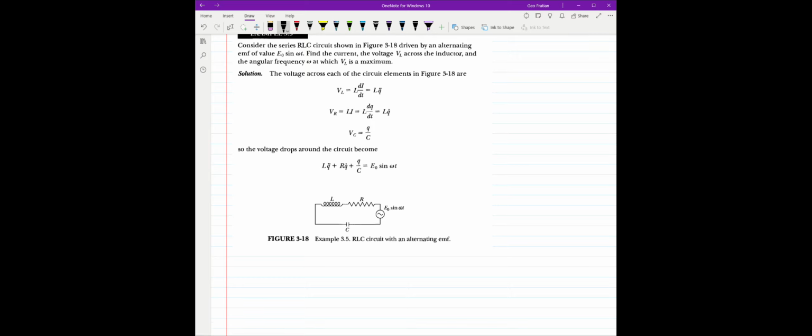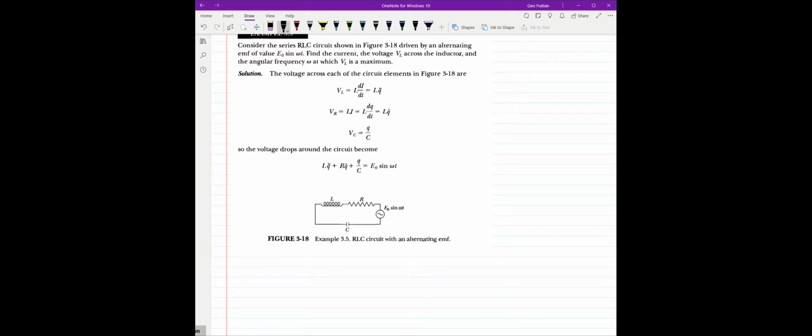Because resistors dissipate energy. Inductors in physics and in engineering are modeled as basically perfect. Like they don't dissipate energy. Same with capacitors. In real life, though, inductors are basically modeled as an inductor and an equivalent resistance, Req, but that's for another class. And then we have our driving force, which is E naught sine omega t.